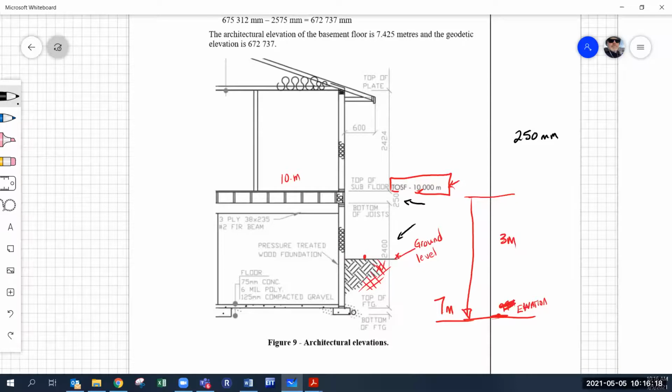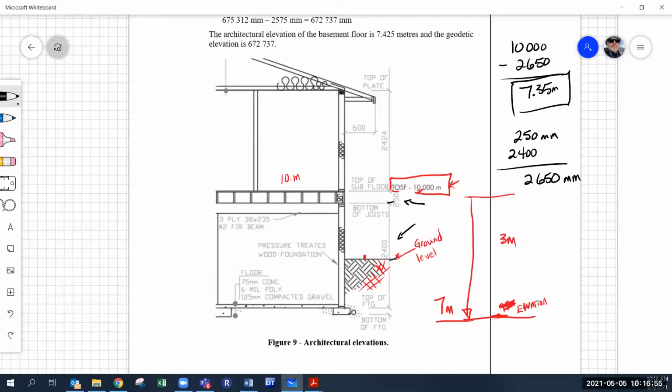And then we have 2.4 meters, so 2,400 mils with this distance here. So that is a total of how much? 2,650 millimeters. And then I'd simply take my 10 meters minus 2,650. And you are correct, 7.35 meters or 7,350 mils.